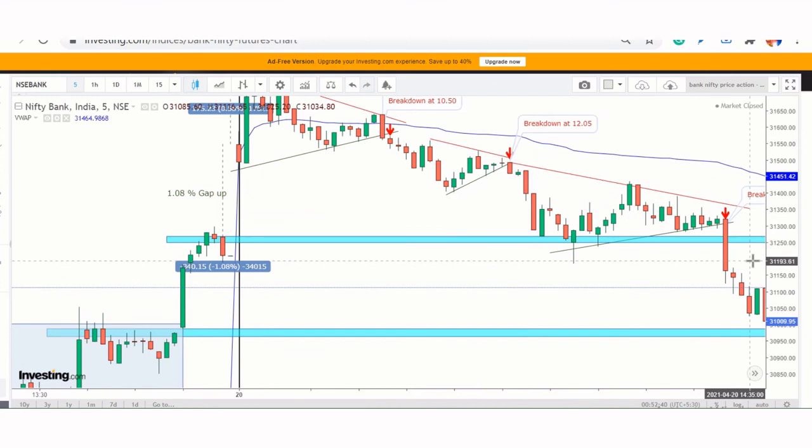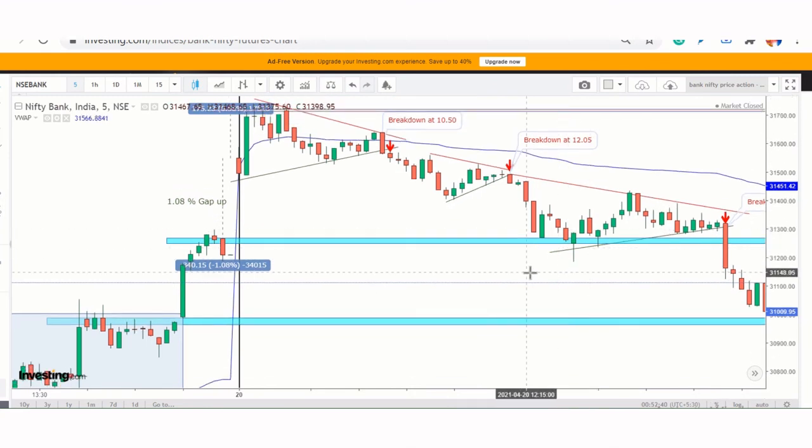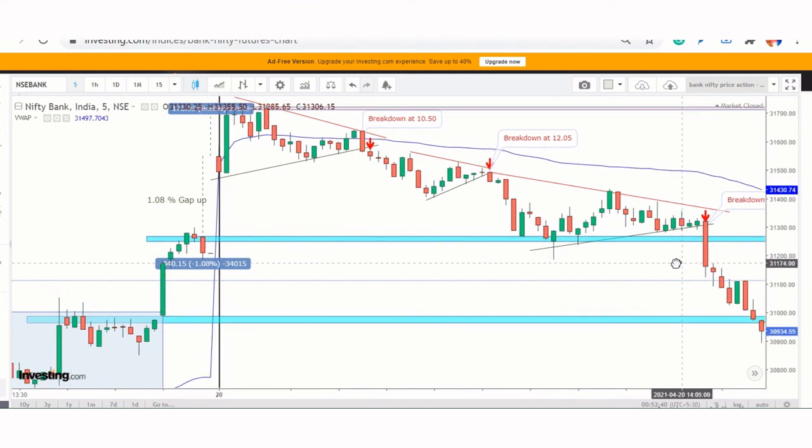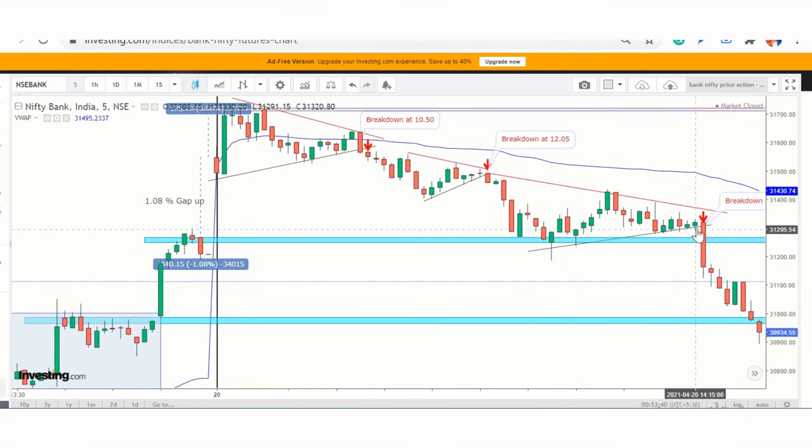How to draw support and resistance, how to draw trend lines, how to take trades based on trend lines, we will see more details in the coming videos. So here, when I again enter a short position, my target is this one, the previous support from where the previous uptrend was started. Okay, so this is my target.